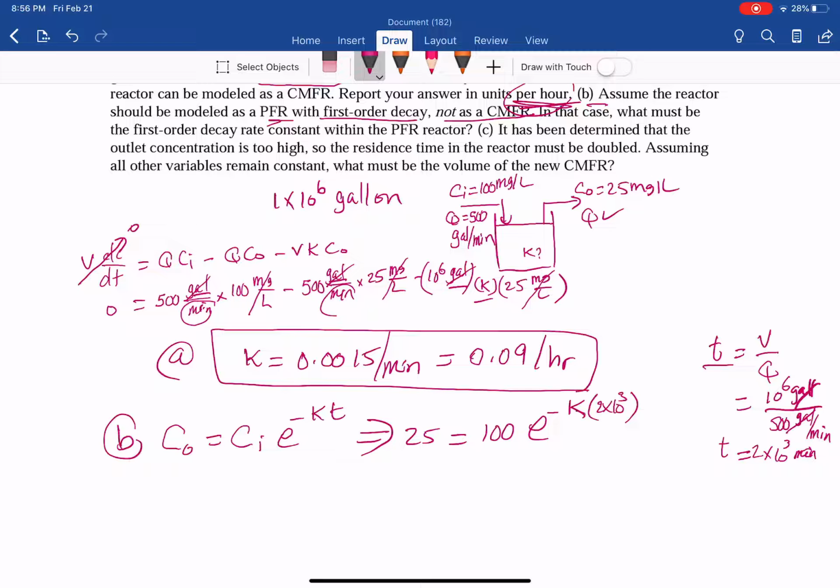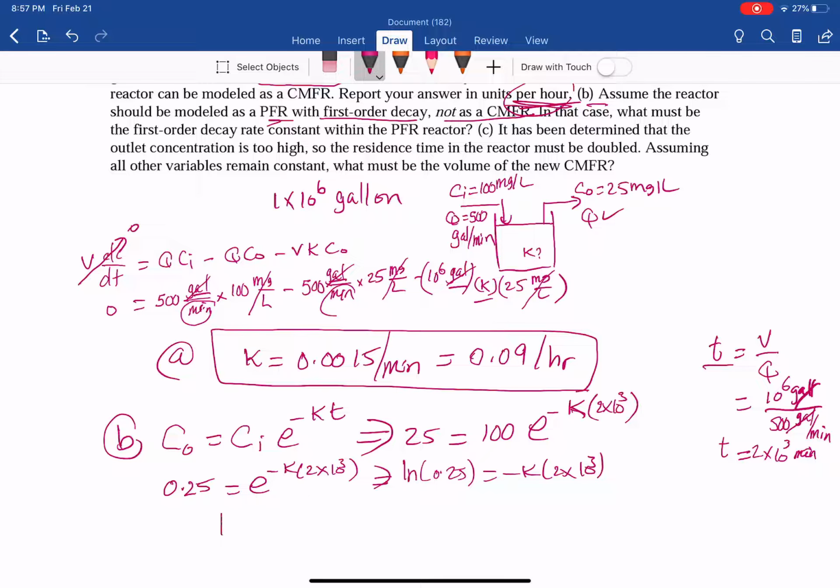Now, which means that K would be what? The number over minute. So you do 25 over 100, which is 0.25, equal to e to the power minus k times 2 × 10^3, and then you do ln 0.25 divided by 2 × 10^3, and then you'll find k.